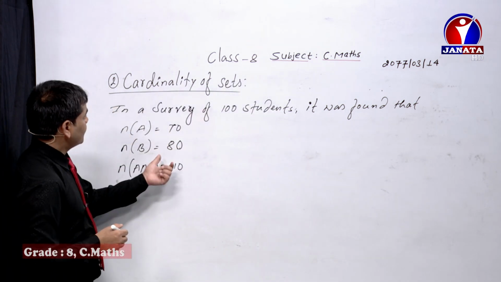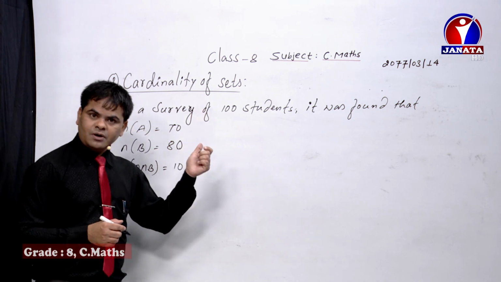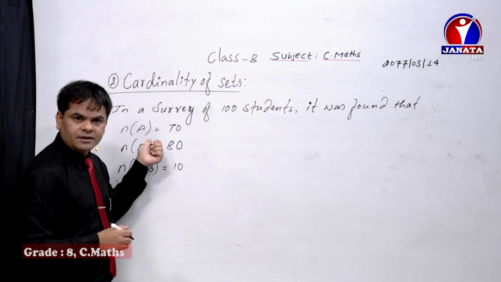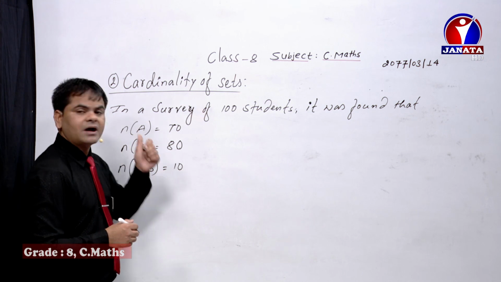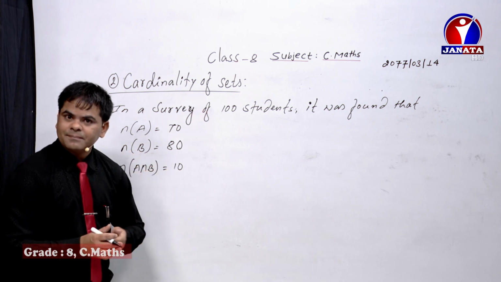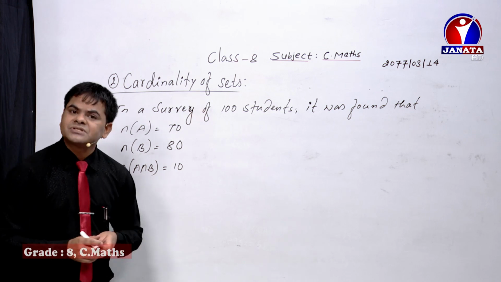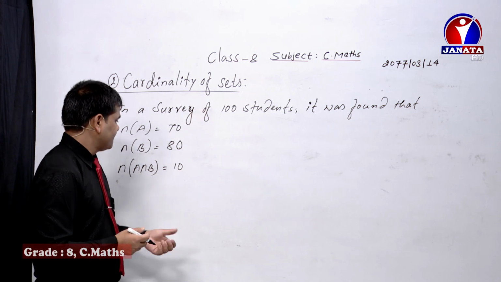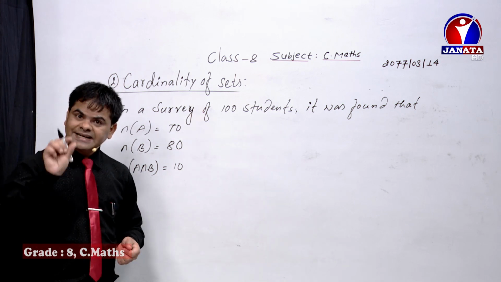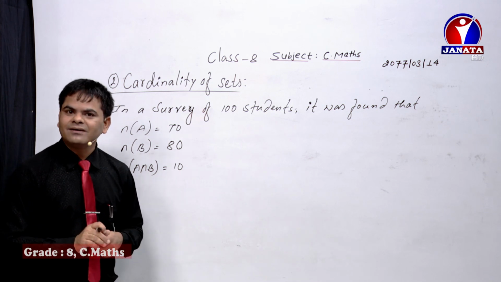After writing the information in short form, like total number of students surveyed, n(U) equals 100, and number of students who like apple is 70, number of students who like banana is 80, and number of people who like both fruits, apple as well as banana, is 10. We need to write all this information, and then write a sentence and underline it, that is, representing the above information in a Venn diagram.